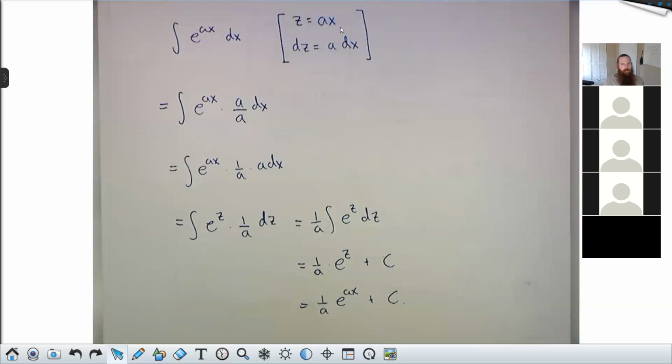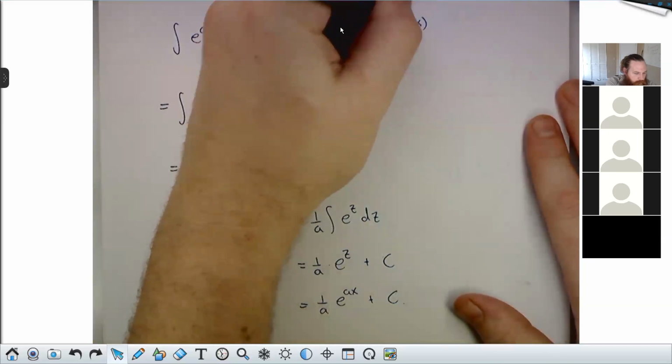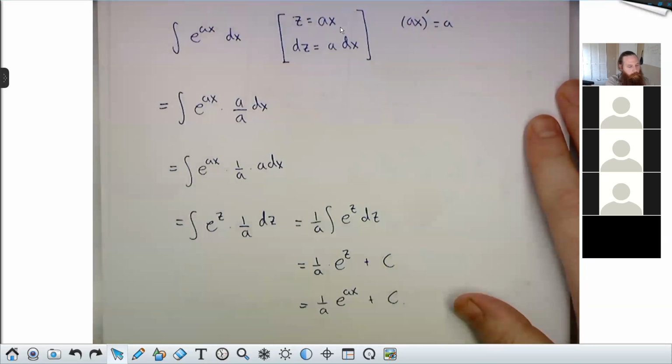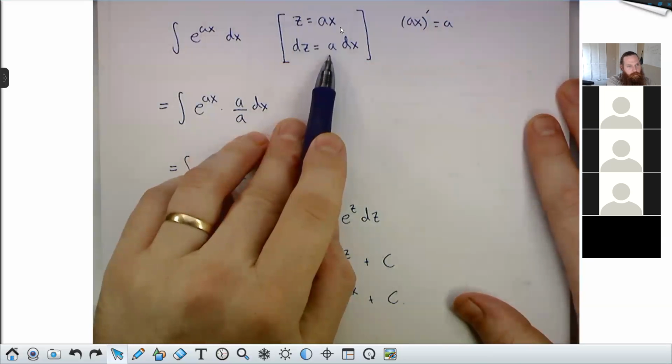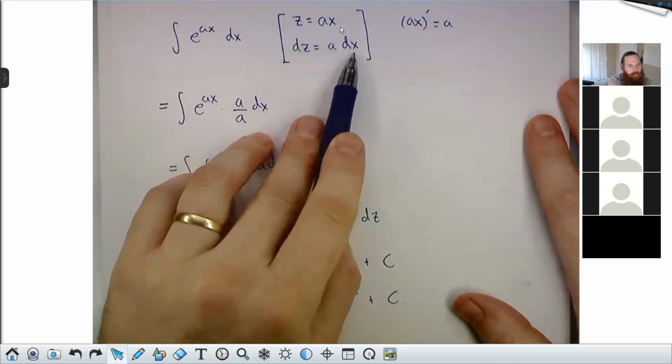I differentiated ax. So here, ax primed is just a. So this has this as its derivative. And then I just slap on the dx.